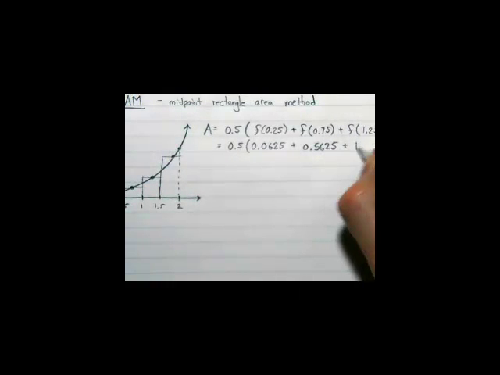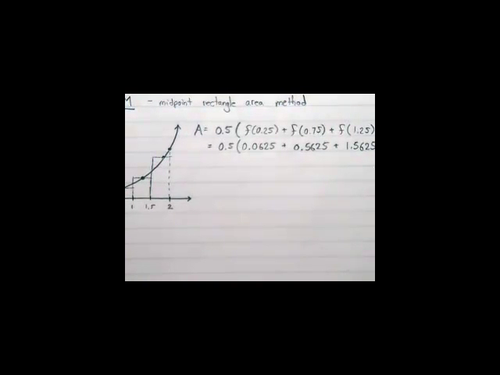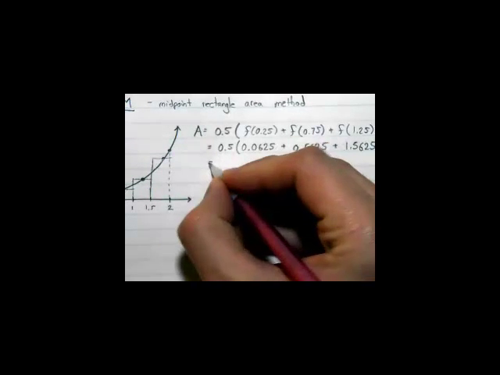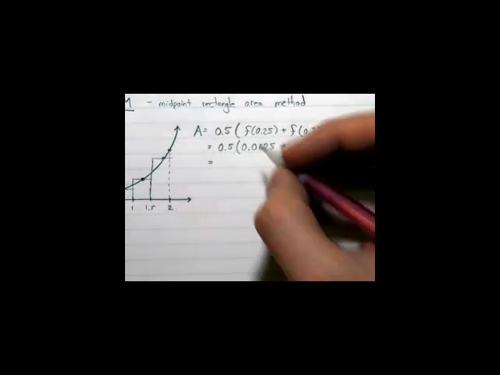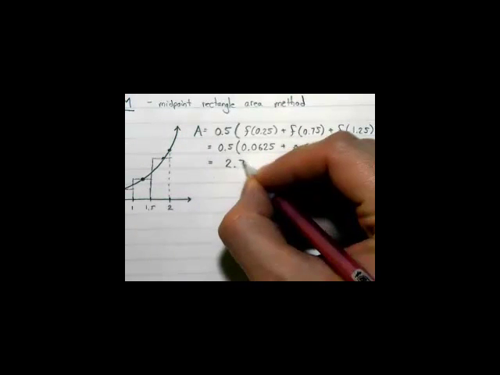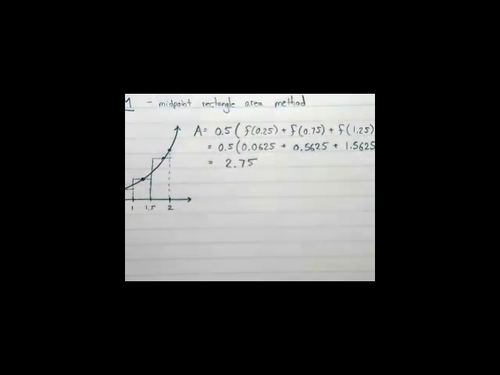And 1.75 squared is 3.0625. All right, so if we add all of these together and multiply by 0.5, here's what you get: 2.75.